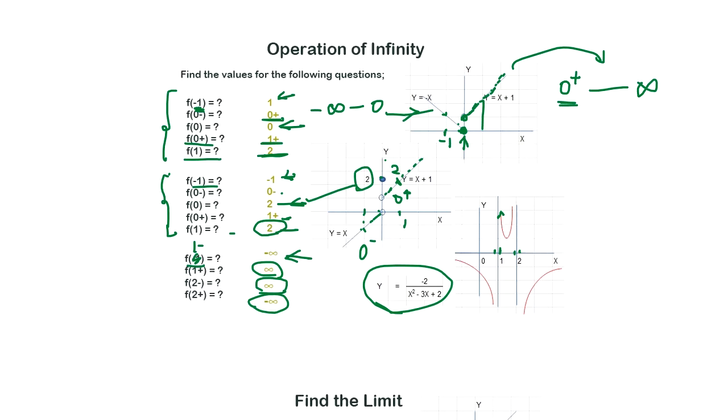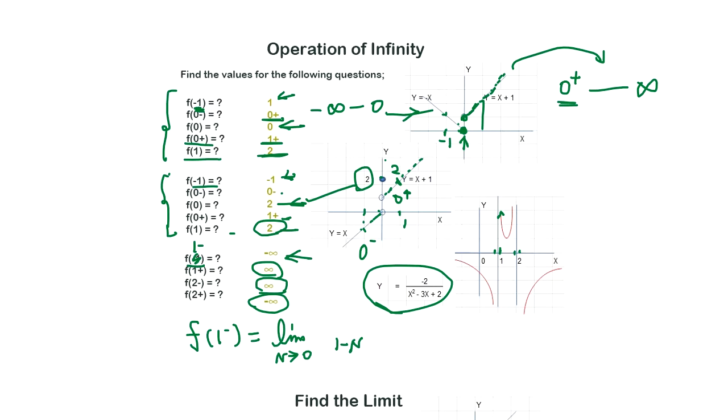So what you do is, for example, what is f of 1 negative? It is the limit as n goes to 0, and x is going to be 1 minus n.